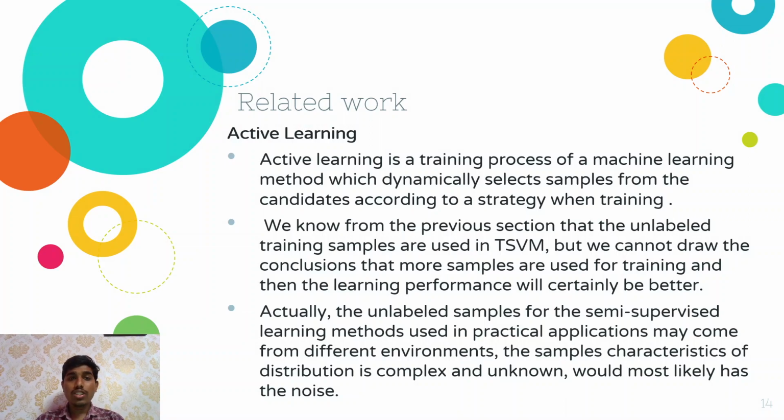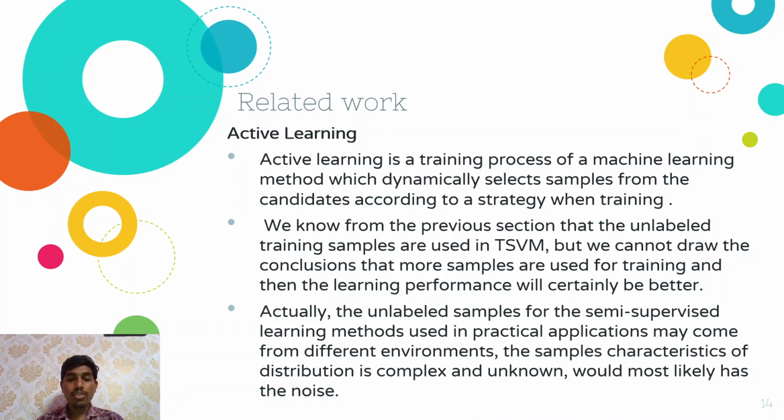So let's discuss active learning. Active learning is a training process of a machine learning method which dynamically selects samples from the candidates according to a strategy when training. We know from the previous section that unlabeled training samples are used in TSVM, but we cannot conclude that the more samples are used for training, the better the learning performance will certainly be.